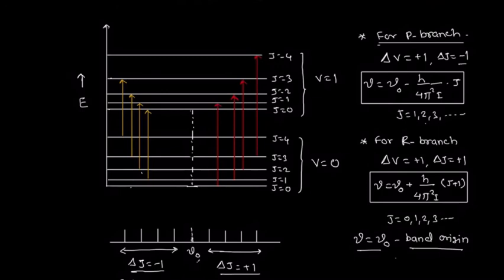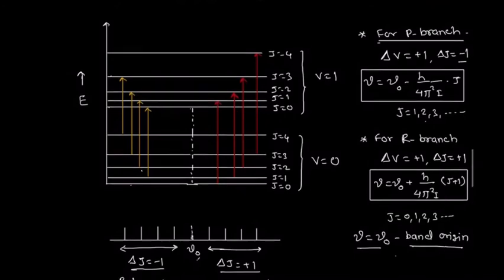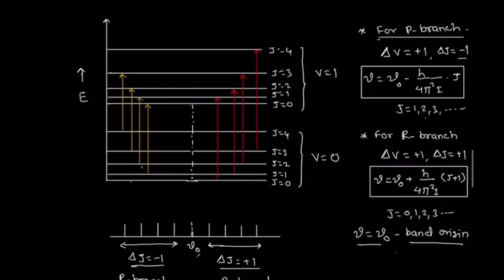That means this is the natural spectral line, natural frequency nu 0, which splits the two groups. The first group is the P branch, and the other is the R branch. The selection rule for the P branch and R branch is different, that we discuss here.